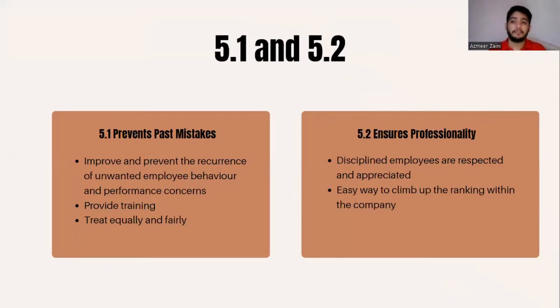All right. Now, let's first go through 5.1 and 5.2, which is prevents past mistakes and ensures professionality. Now, the first one, prevents past mistakes. We know the saying, let's not let history repeat itself. So, how preventing past mistakes through disciplinary policies helps WEBE call center is that it prevents the recurrence of unwanted employee behavior and performance concerns.